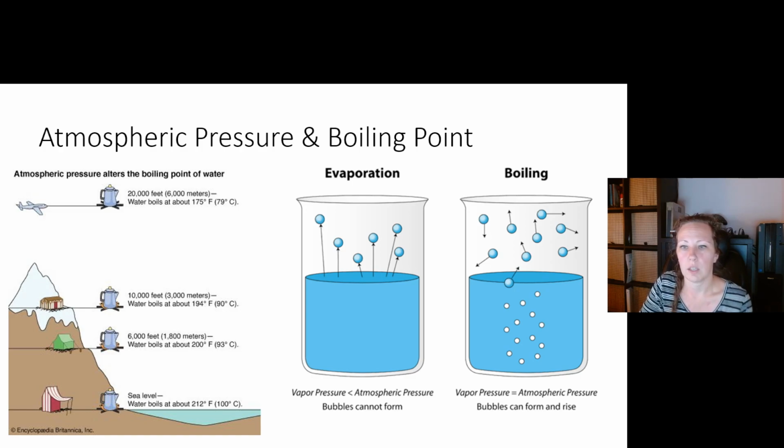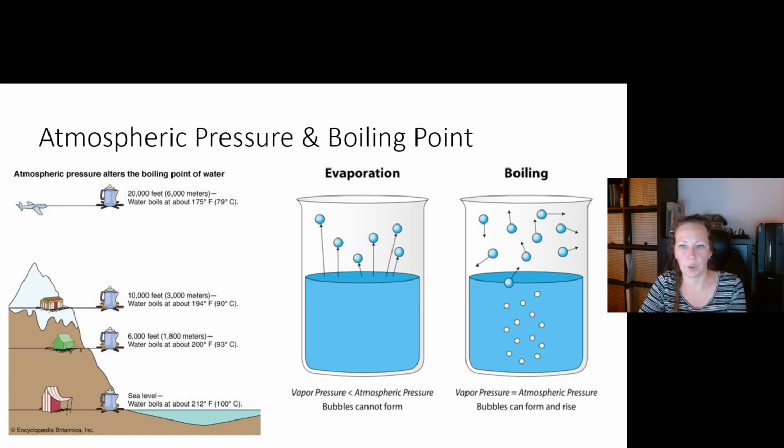And it's when that tendency to collide so hard that water vaporizes is equal to or greater than the atmospheric pressure that is pushing it down, saying, no, stay down there. Okay. That is when we get full on boiling. So when the vapor pressure has risen so much due to temperature rise that it is equal to the atmospheric pressure, that is when we get boiling.